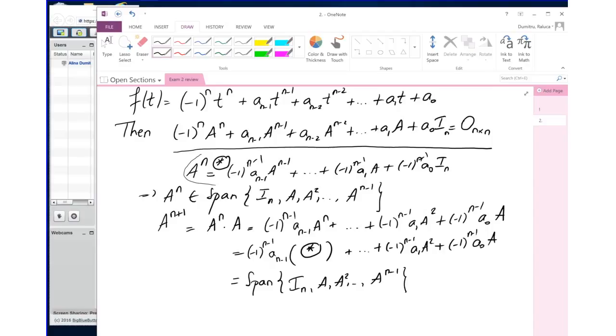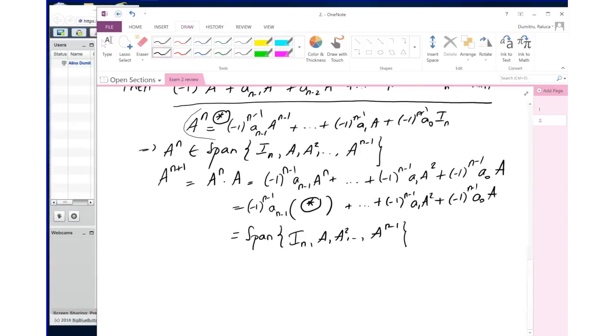What I'm trying to convince you now is that all the powers of a greater than n will be in the span of the same set. A to the n was there, a to the n plus 1 is there. So now if I go to a to the n plus 2, I repeat the same idea. I multiply everything by a and go from step to step.